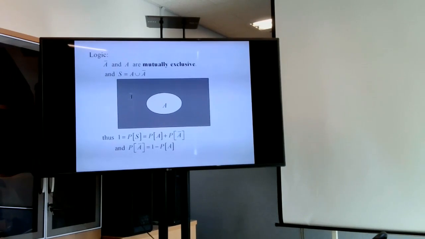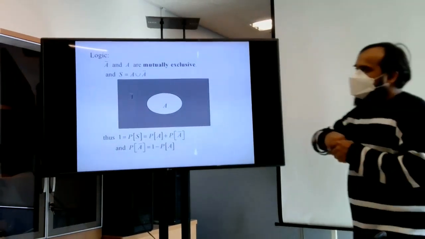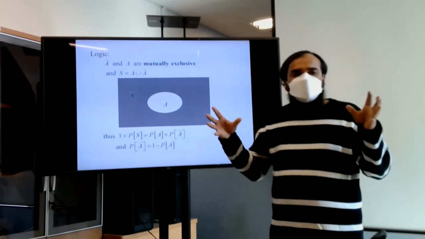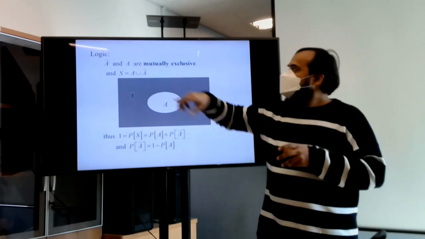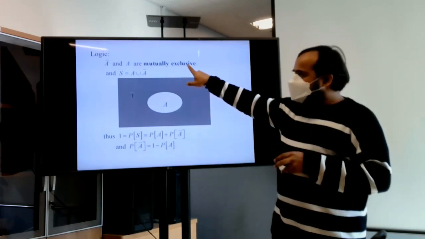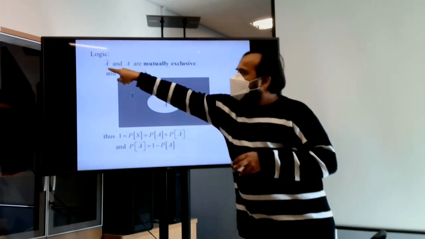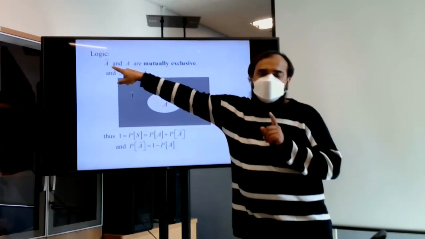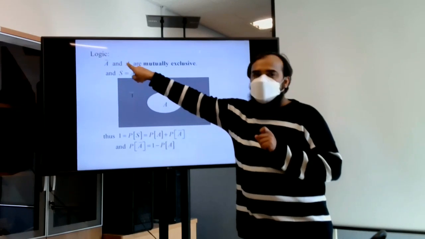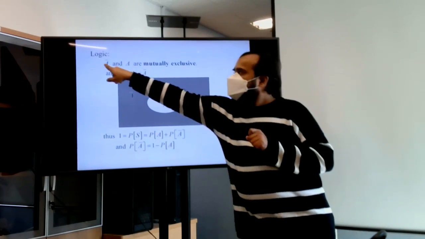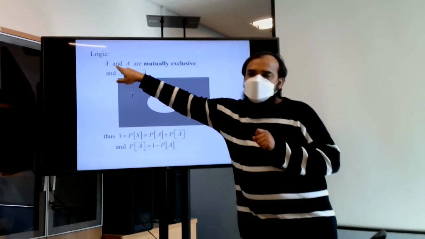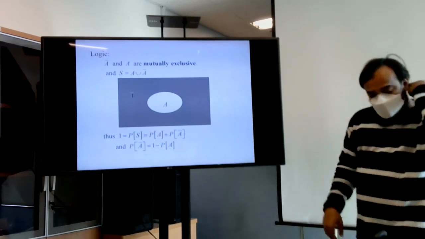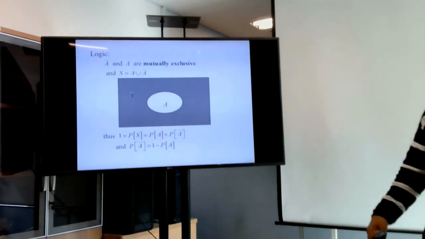Also, the object existing and not existing cannot occur together; they are mutually exclusive. Only one of the events can happen, so they don't have a common value and cannot occur at the same time.